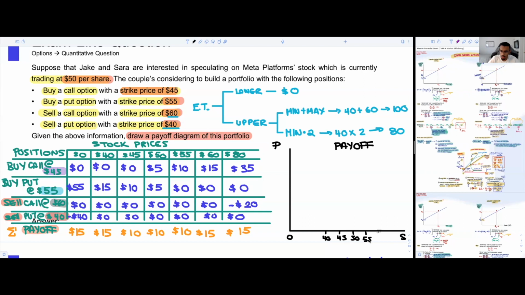Then we're going to have 60 right here. And we're going to put 80 here. Okay. And then we have different payoffs that we need to acknowledge.